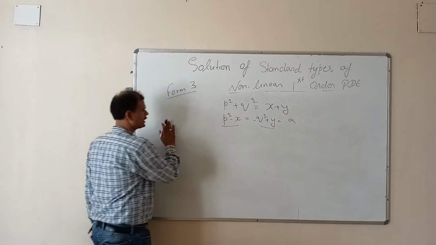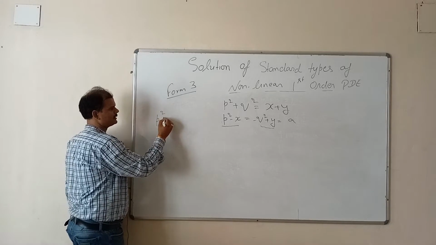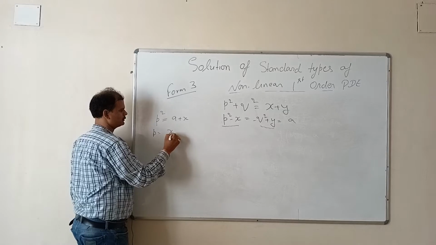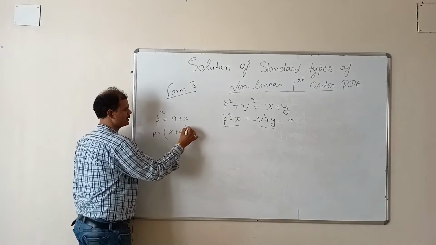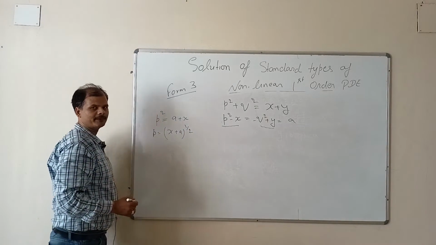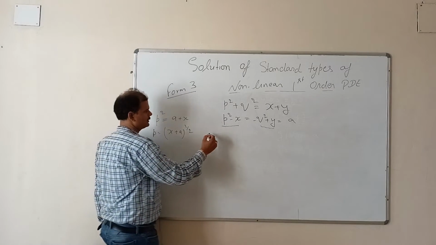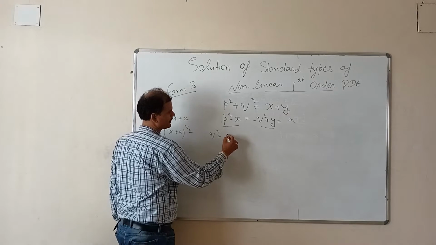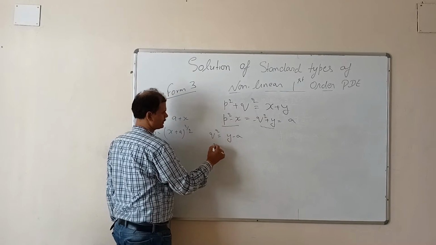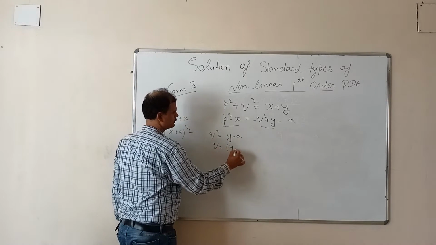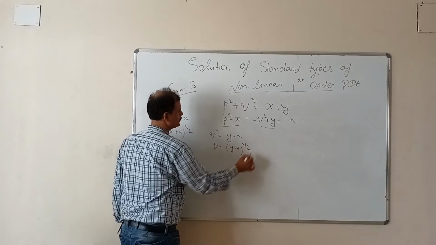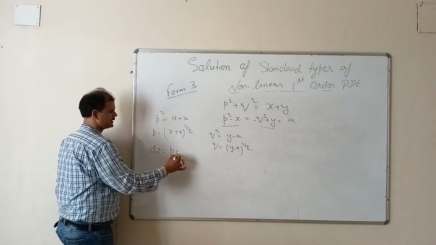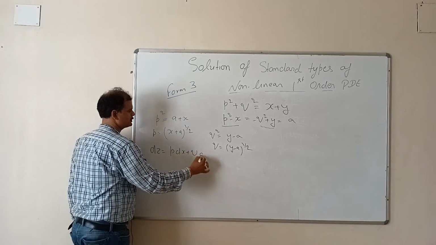So from the first part we can have p square equal to a plus x. So p equal to (x plus a) power 1 by 2, and from the second part q square equal to y minus a. So q will be (y minus a) power 1 by 2. Then your dz will be p dx plus q dy.